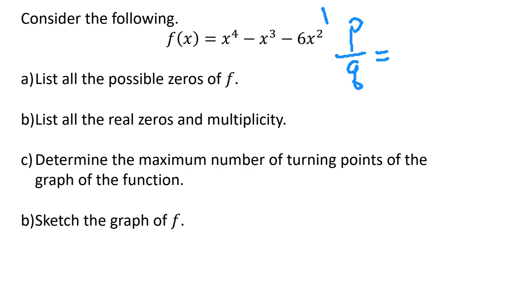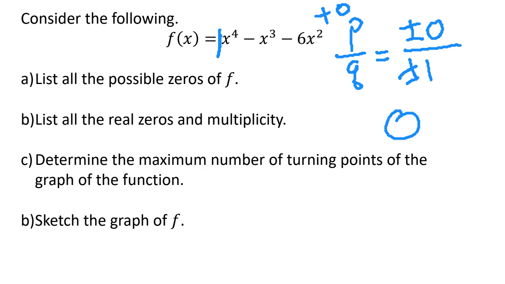Your constant is 0. So my factors are just going to be plus or minus 0. And then your leading coefficient is 1. So that's plus or minus 1. Well, 0 divided by 1 is just 0. So your list, you don't have a big list. You only have one number to check. So let's go ahead and do that on the next slide.